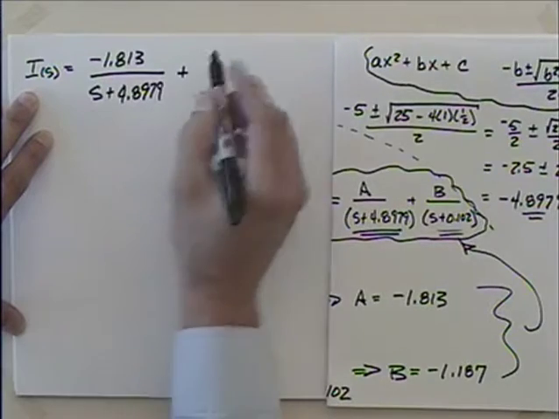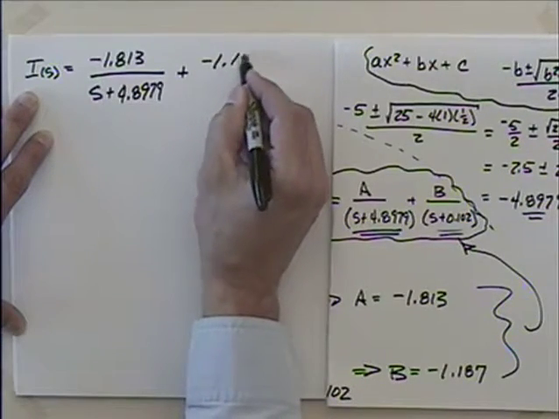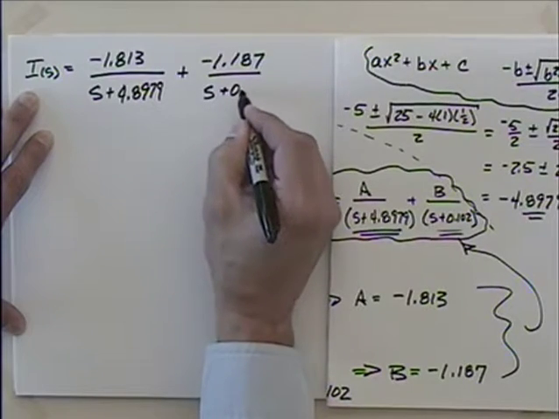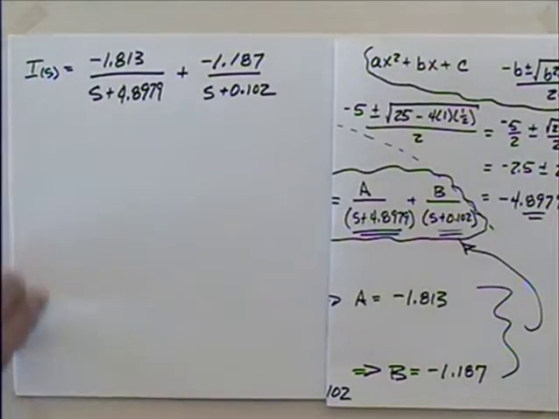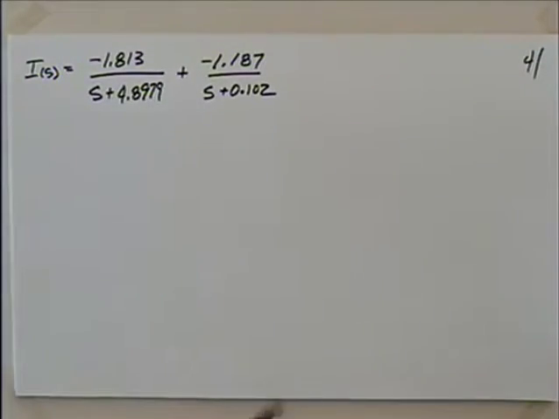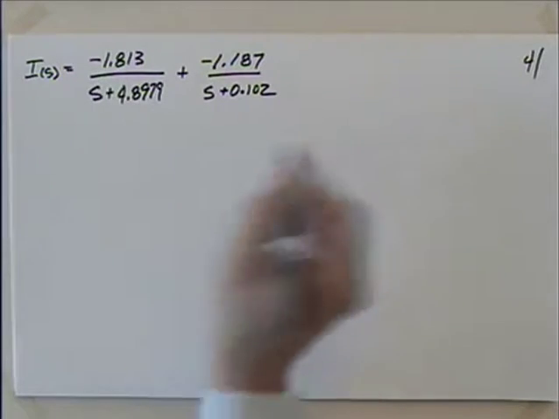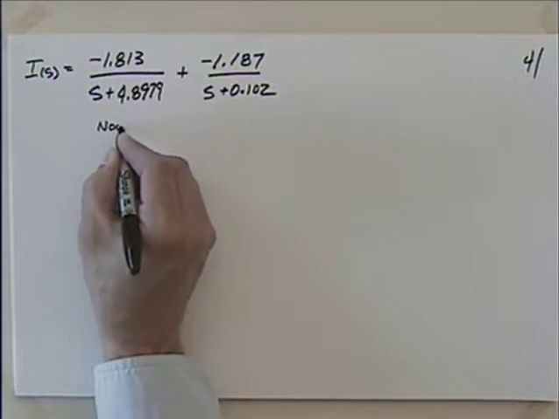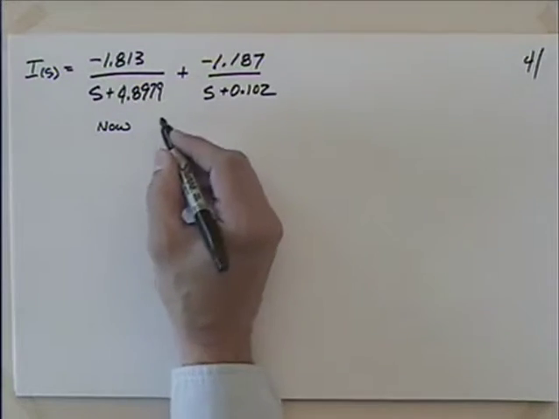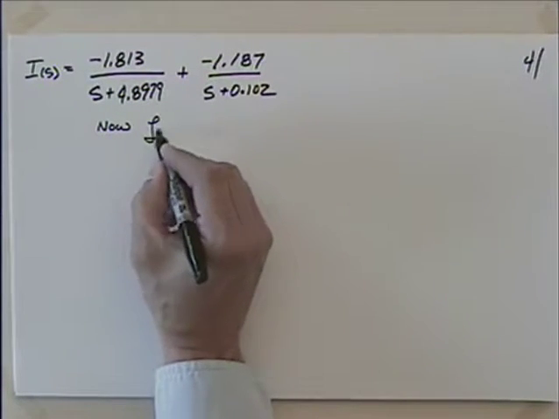And then I've got B that is minus 1.187 divided by S plus 0.102. And those should look vaguely familiar. We've been trying to take the inverse Laplace transform all the way, but now we've got no excuse for not being able to take the inverse Laplace transform.